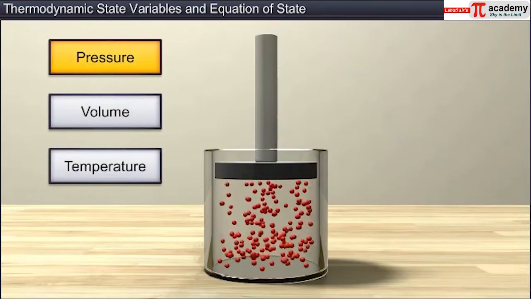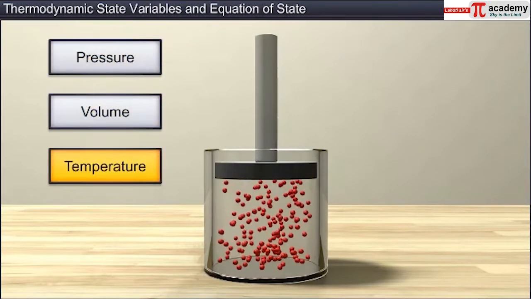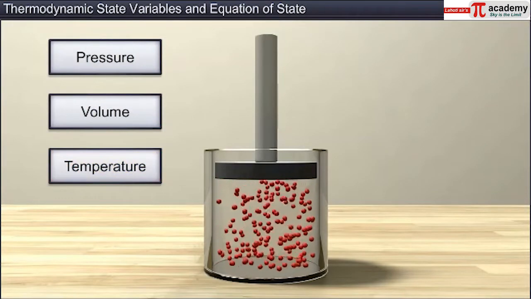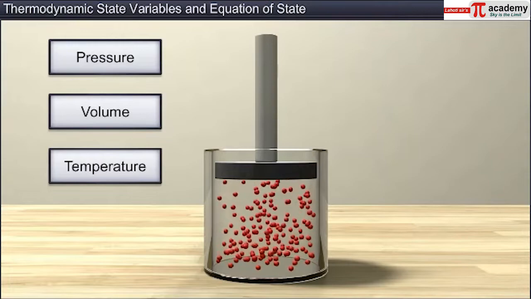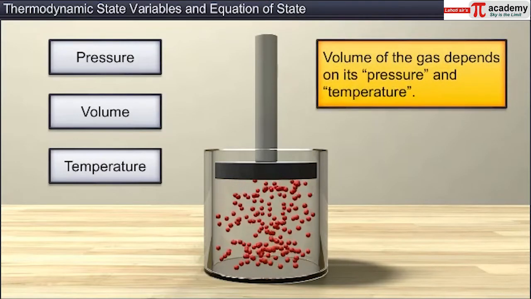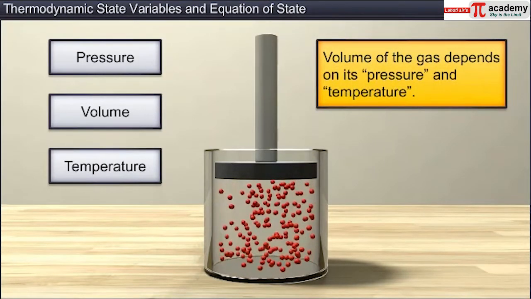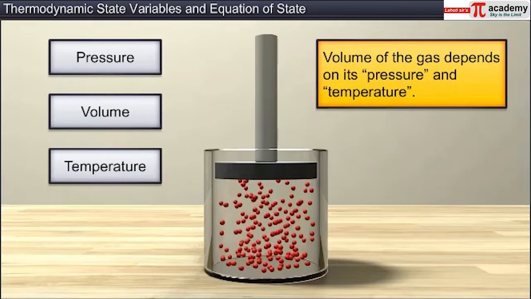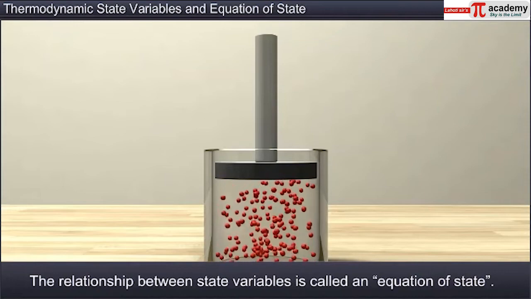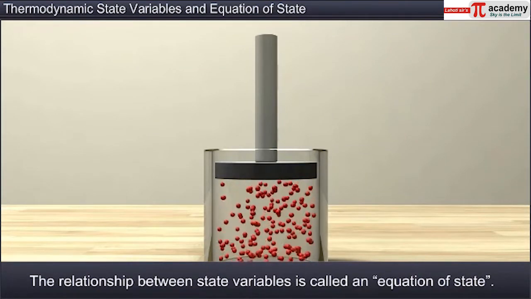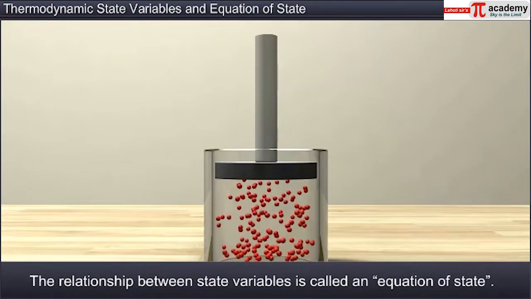If pressure, volume and temperature of a given sample of gas in a container describe its equilibrium state, then the volume of the gas depends on its pressure and temperature. The relationship between state variables is called an equation of state.